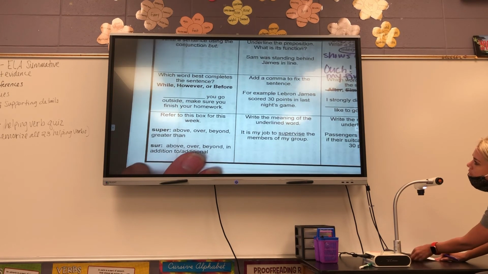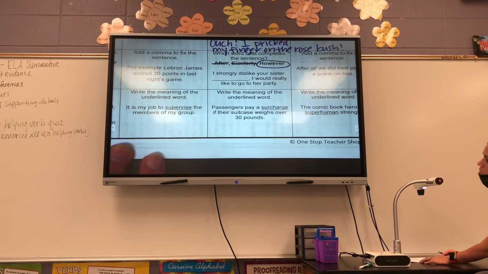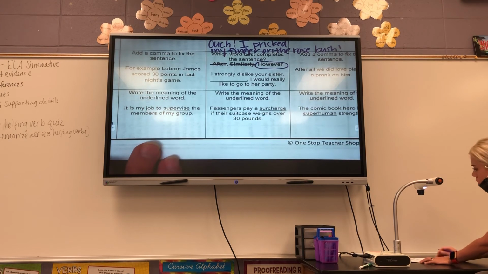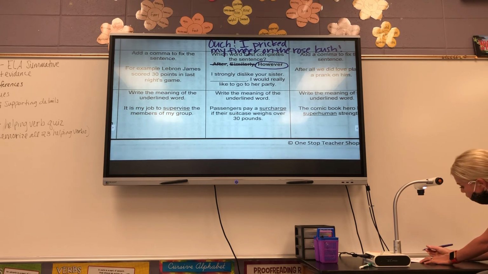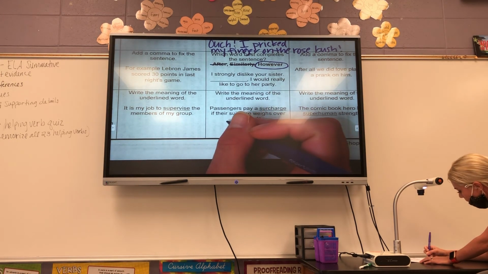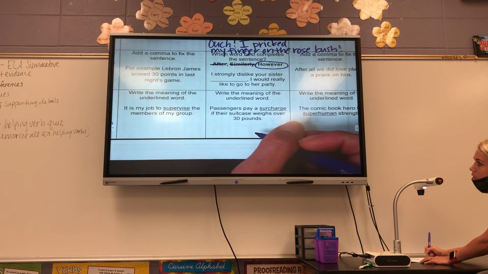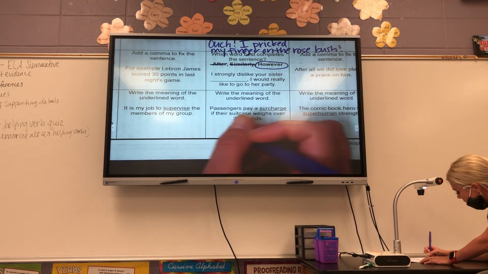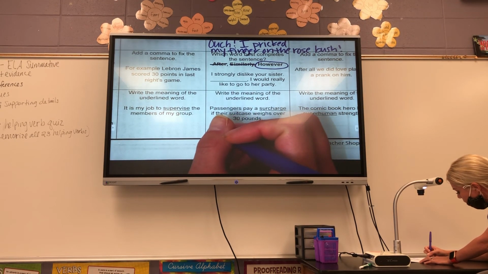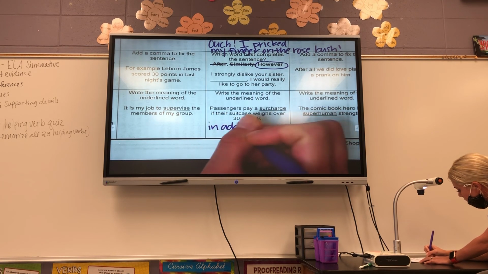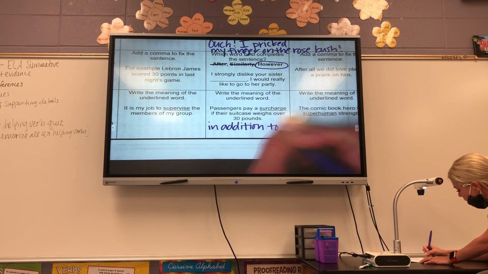So that tells me that if the passengers had to pay a surcharge, they had to pay something above what they were regularly charged, or in addition to what they were regularly charged. So I can say, in addition to a charge is what I'm going to put.